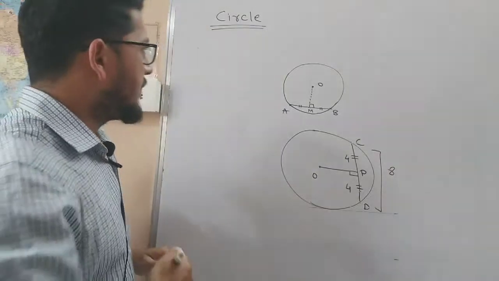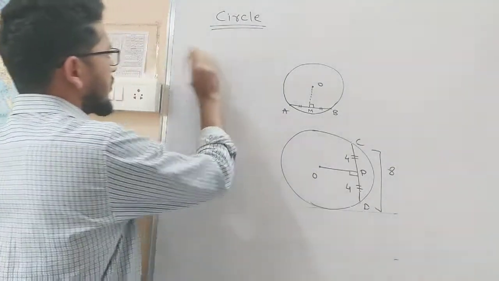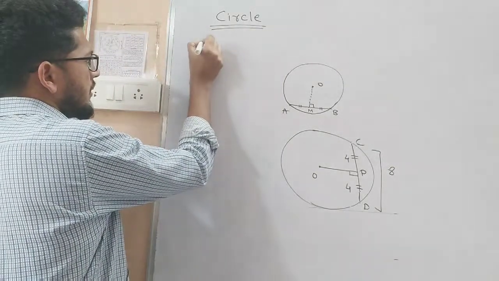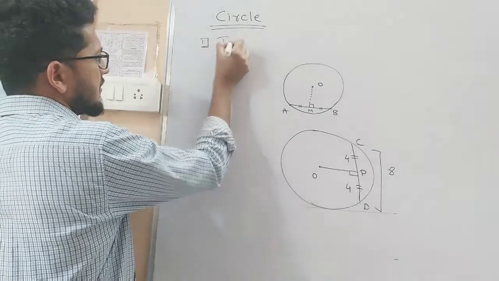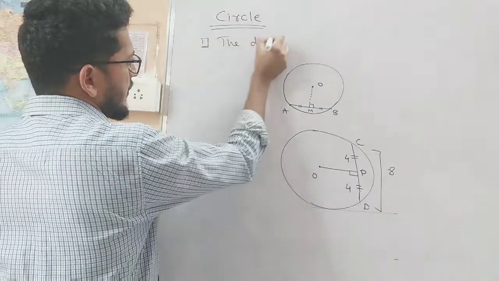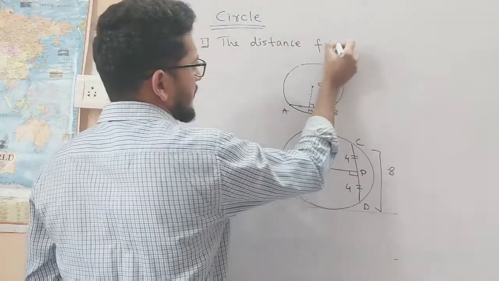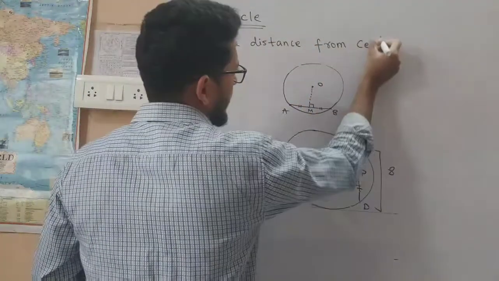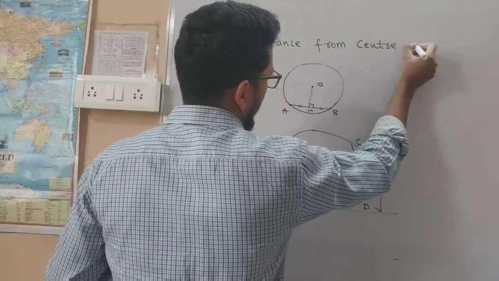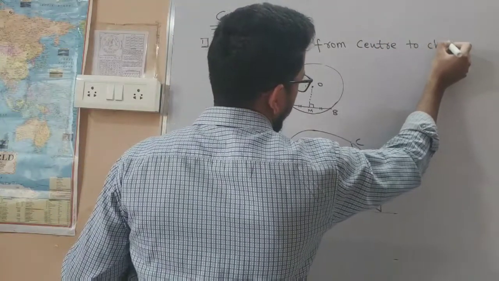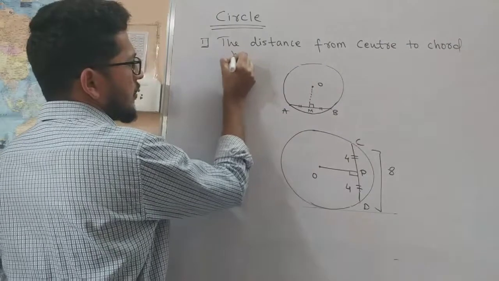So the statement of this theorem, called number 1, is: the distance from center to chord bisects the chord.